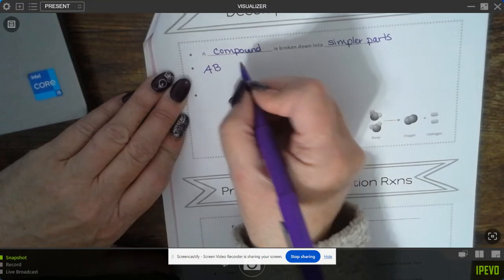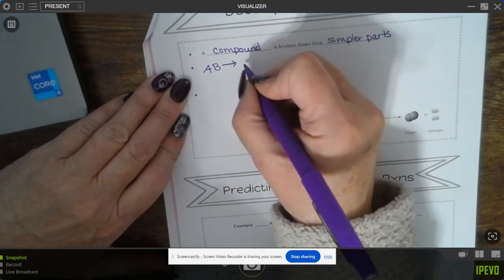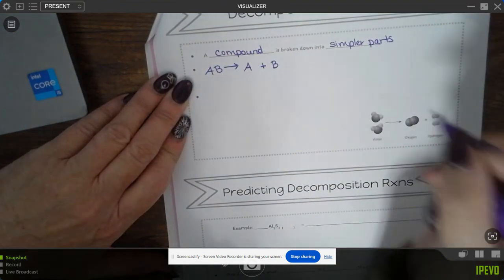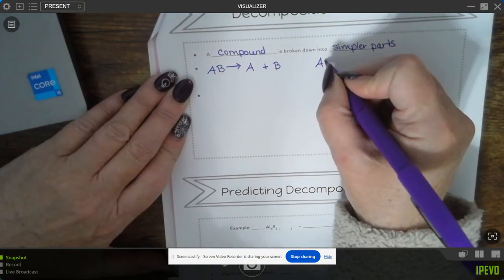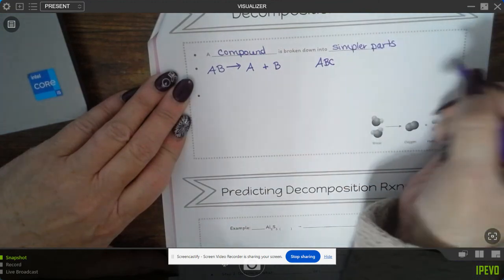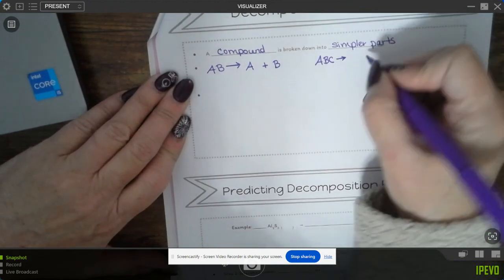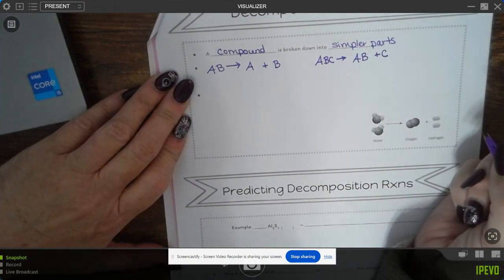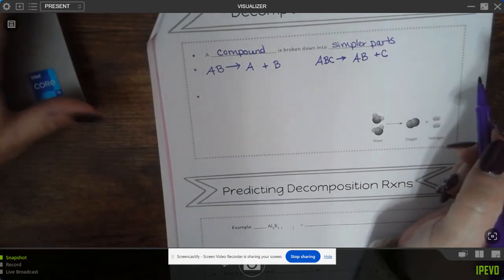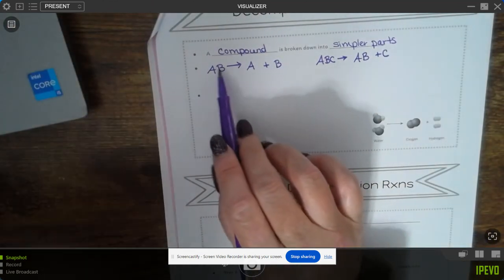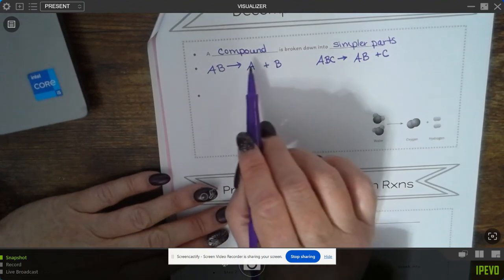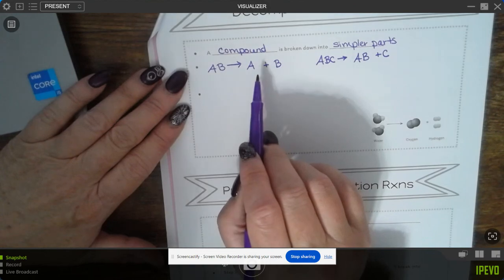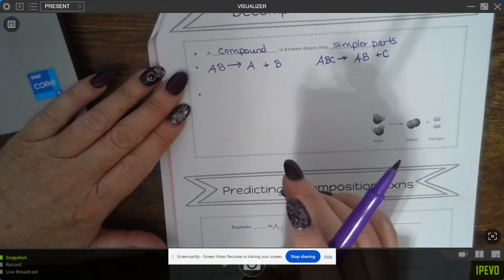So a compound AB reacts to form element A plus element B. Or you might have something more complex, like A, B, C, and these can break down into a compound and an element. The key thing to look at here is that we have one reactant and two or more products. We're going to stick to the simpler ones because they're more predictable for us.